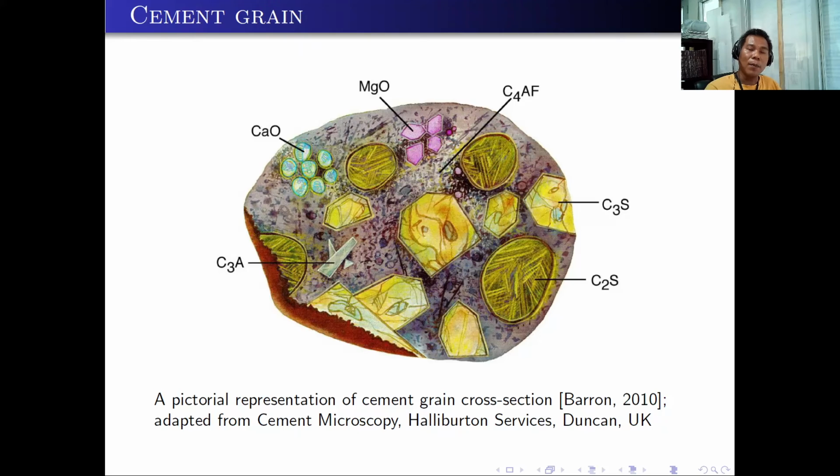Normally, the cement is composed of these main compounds: C3S, C2S, C3A, and C4AF. And the glow of the cement is normally taken from the calcium silicate, the tricalcium silicate and the dicalcium silicate.